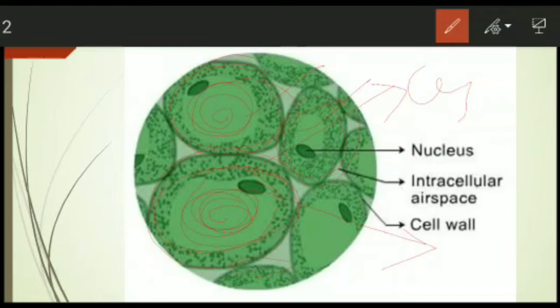The reason behind this is that the vacuole is big and central and stores a large amount of water, and therefore pushes the cytoplasm and nucleus towards the periphery.